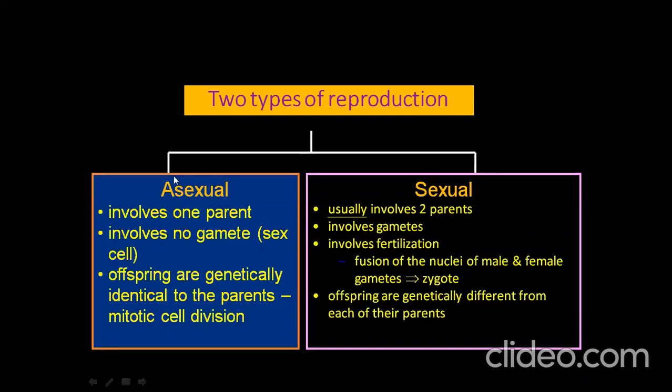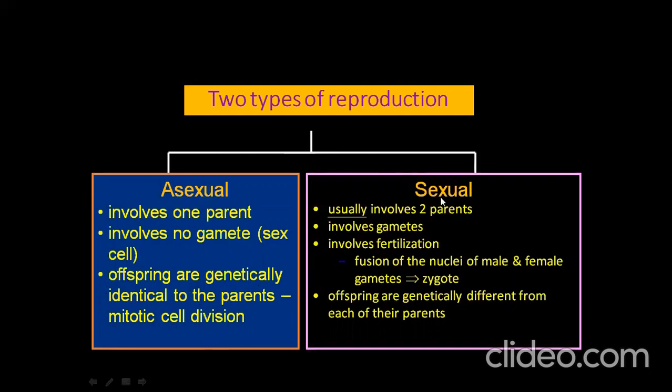Because in asexual reproduction the process of mitosis is involved. In mitosis, the new cells that form are similar to the original cell, because in mitosis, no changes come in DNA, right?